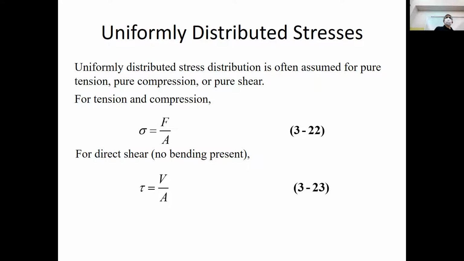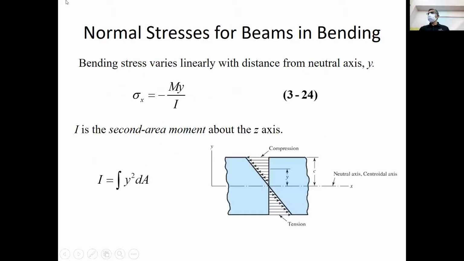Other types of loading could be beams in bending and shafts in torsion. And you learned about these also in solid mechanics. So for beams in bending, I do get a normal stress.